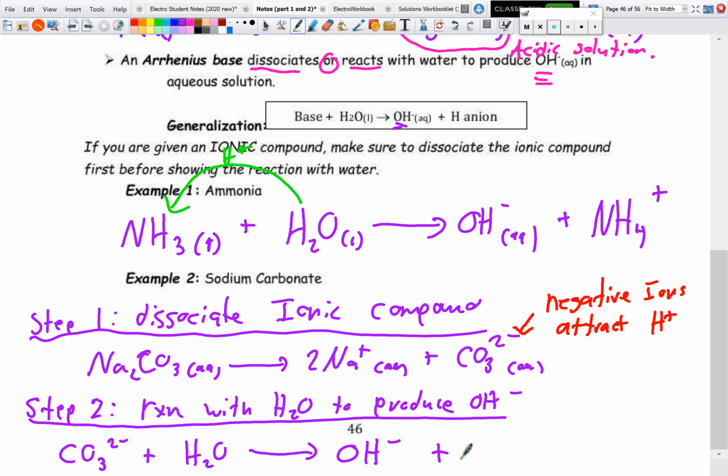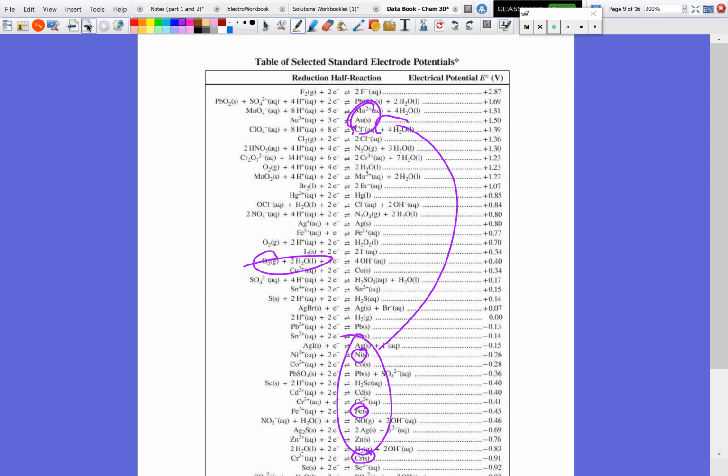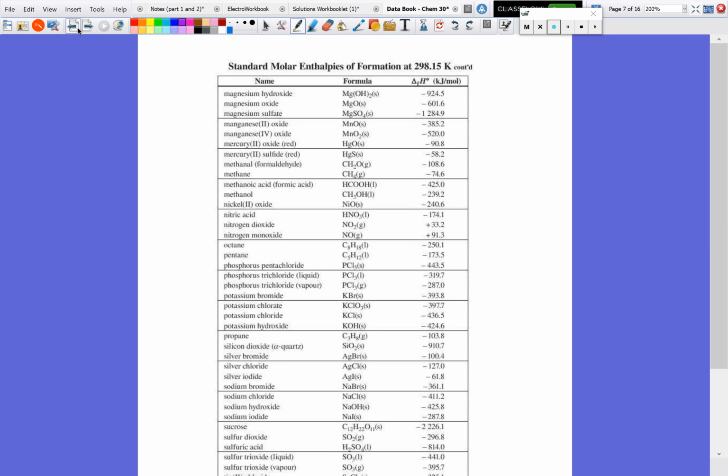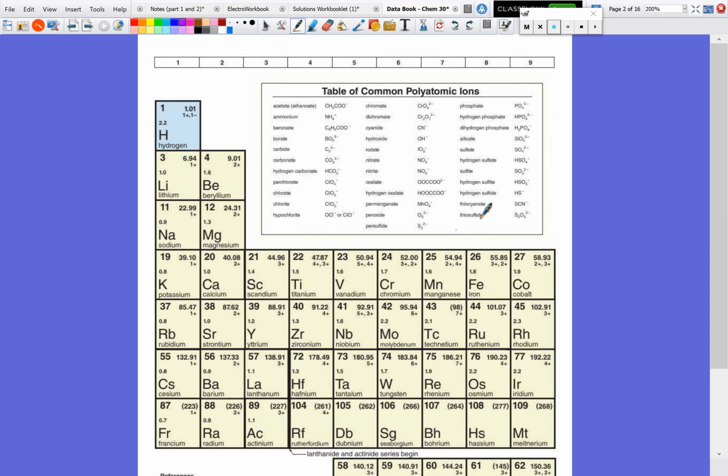Now where did that hydrogen go? Well, now it's onto carbonate. And it produces hydrogen carbonate. Now, if you have trouble with these charges, just knowing that the hydrogen goes on carbonate, but if you are having trouble with charges, just remember your table of polyatomic ions has all of those.